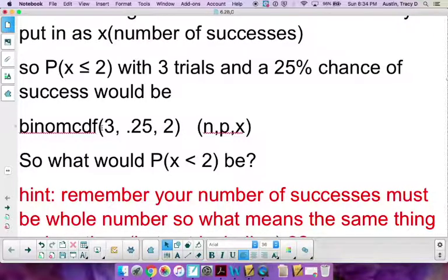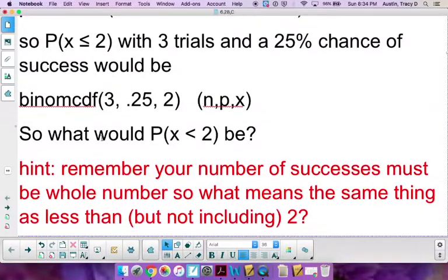The big thing with the binomial distribution is that your number of successes are always whole numbers. Okay, so in the case of 3 children, how many of them have type O blood? You could either have 0, 1, 2, or 3, right? So your number of successes are always going to be whole numbers. So it actually is not too bad. So basically, what would mean the same thing?